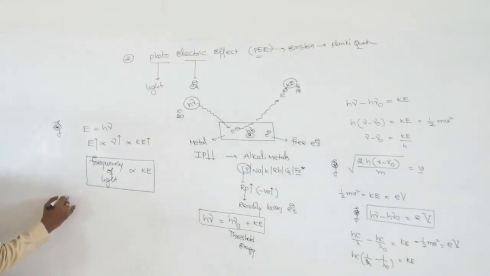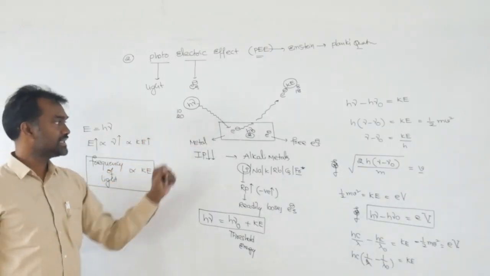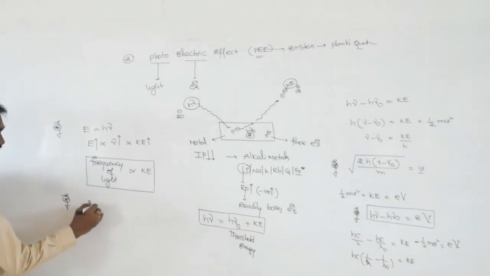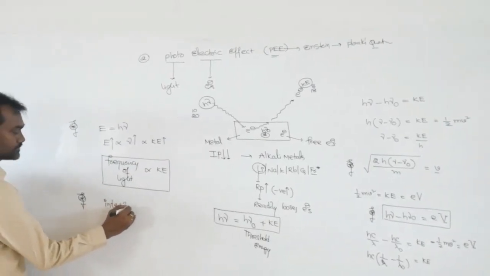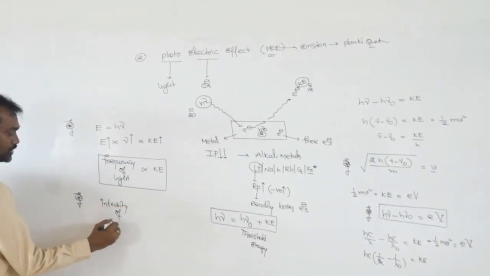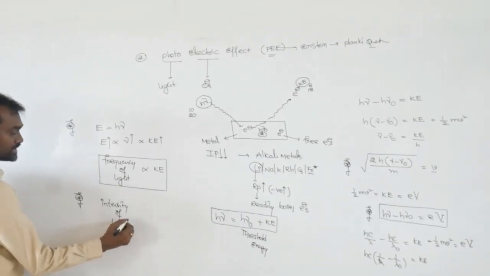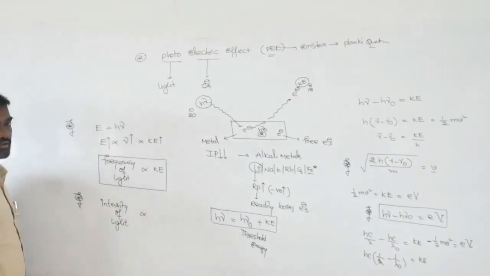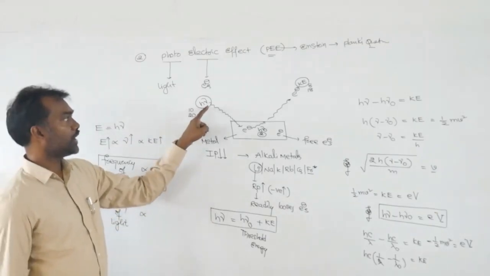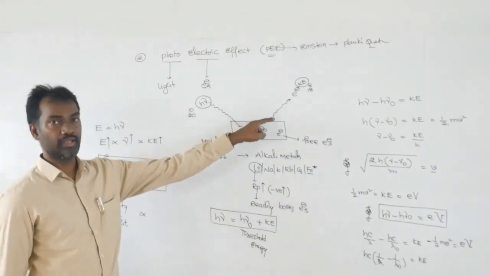Next, the second one: intensity. Intensity of light increases. So we are increasing the intensity of light. What is the meaning of intensity of light? One light ray falls, and one electron comes outside.